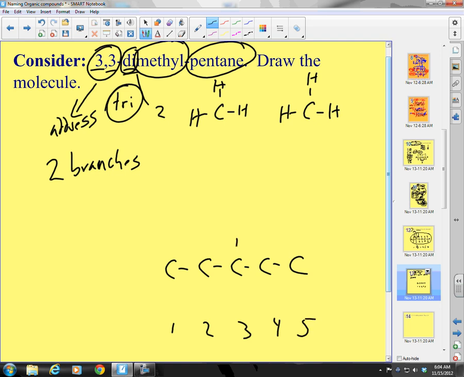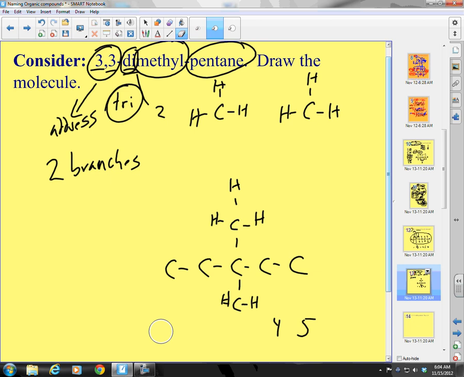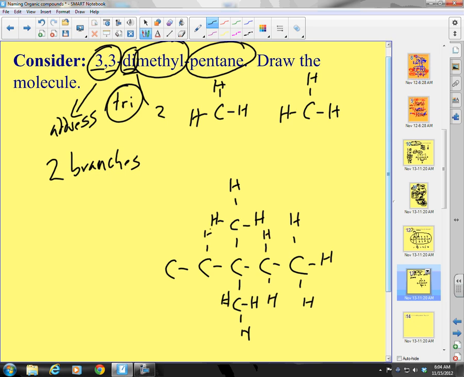A methyl group on the third. Another methyl group on the third. That means it's going to come to the bottom here. It's kind of ugly. Let's get rid of my number so I have more space. Good. And now we just complete my carbons with hydrogens.